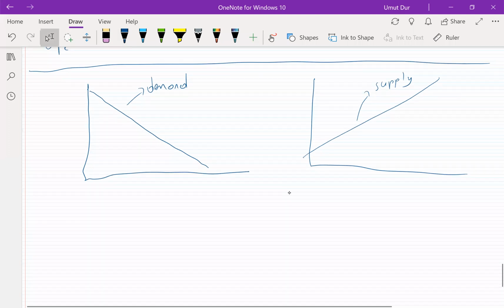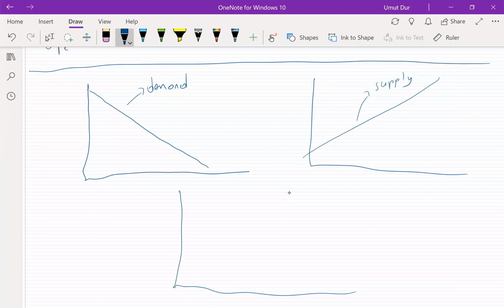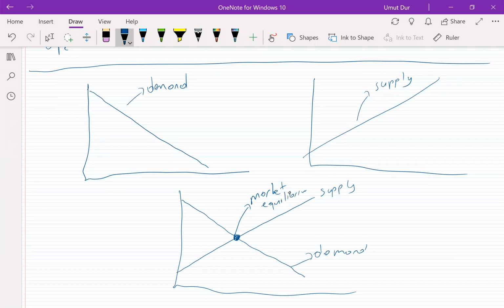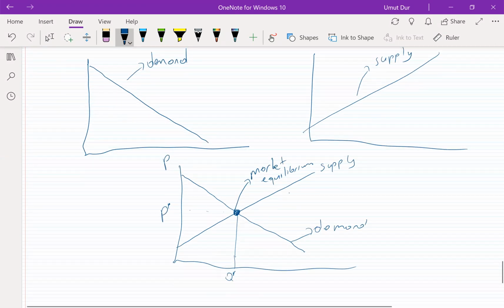Tomorrow we will start with what if we put those things on the same graph. And our objective will be finding the market equilibrium. The market equilibrium will be basically the market price and the quantity. So I will stop at this point.